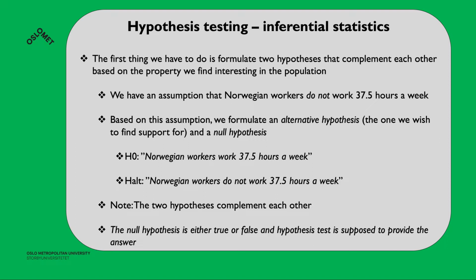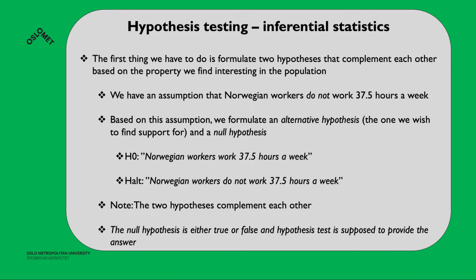In our example, our population is Norwegian workers, and we have an assumption that Norwegian workers do not work 37.5 hours a week. Based on this assumption, we formulate an alternative hypothesis, the one we wish to find support for, and a null hypothesis.